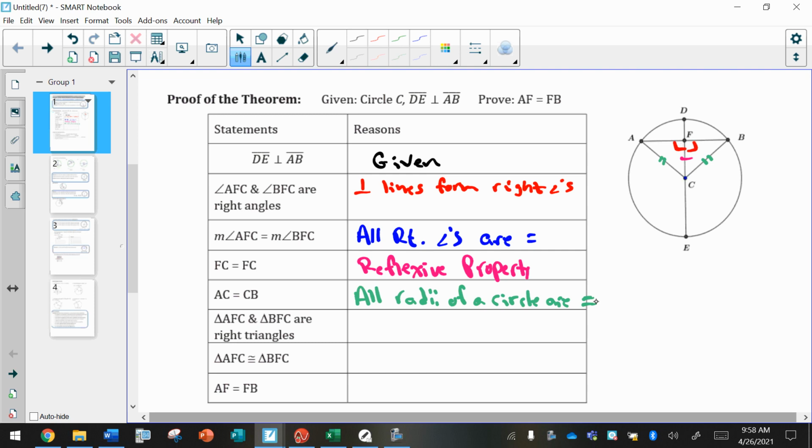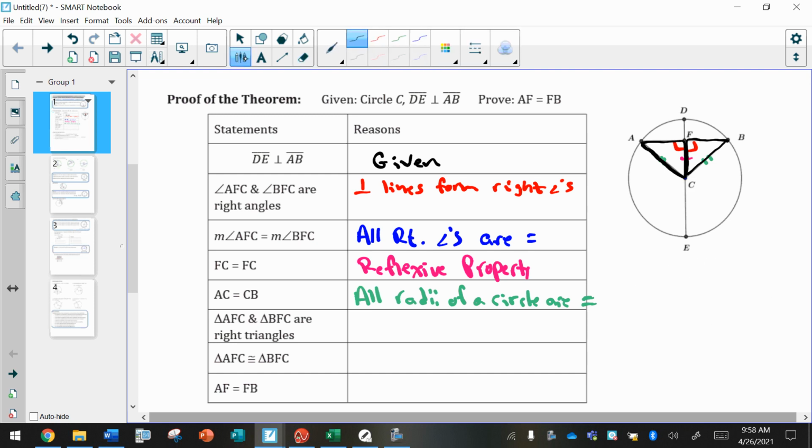And now we have two triangles congruent after we say that we have right angles. So what we're proving is that triangle AFC is congruent to triangle BFC. We have the right angles. We have a situation here where we have angle side side, but remember we cannot do angle side side.